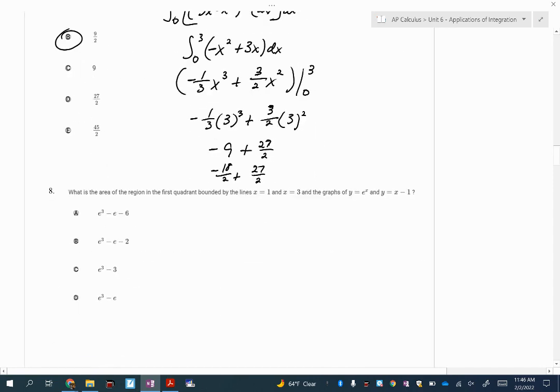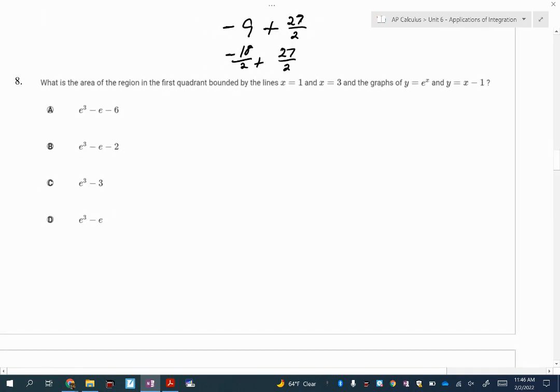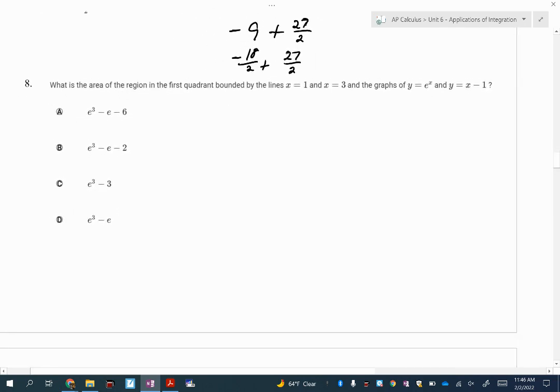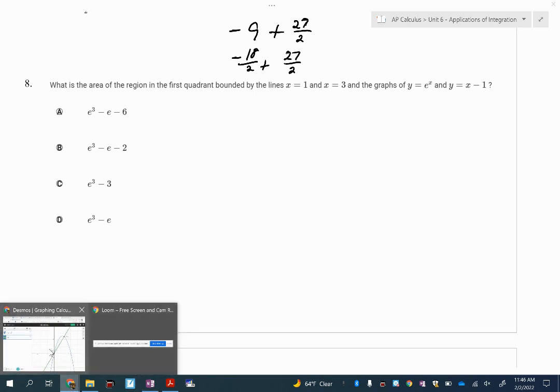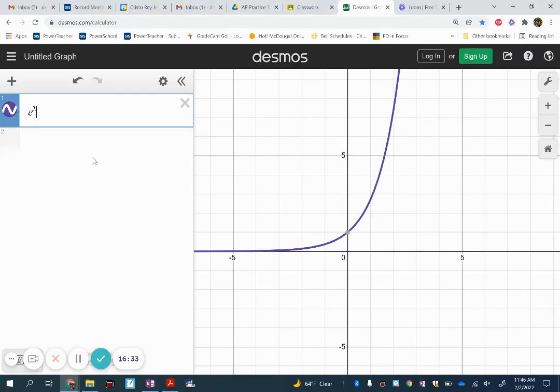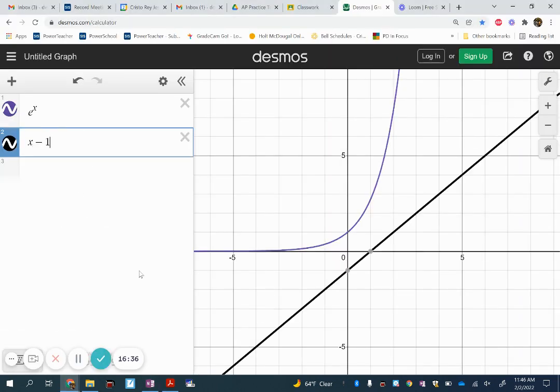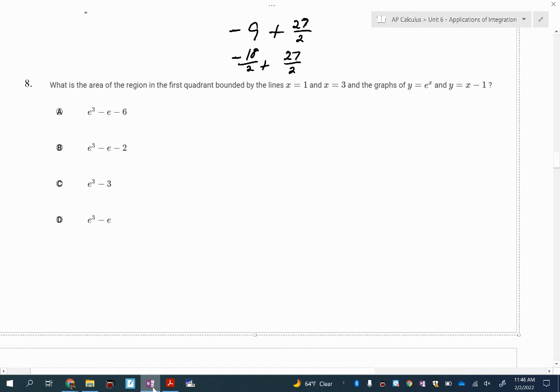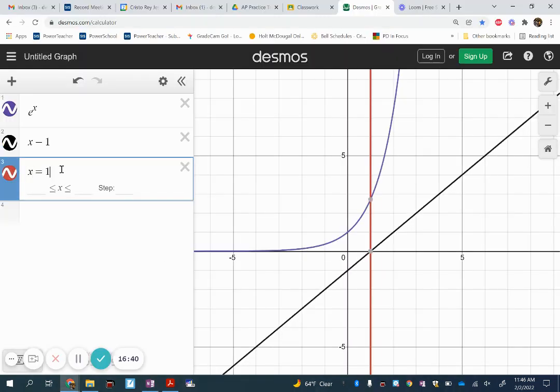Number 8. Another one where I'm trying to find the area bounded by some lines and a curve. So I'm going to plot y equals e to the power of x, and then I have x minus 1, and then I have x equals 1 and x equals 3.